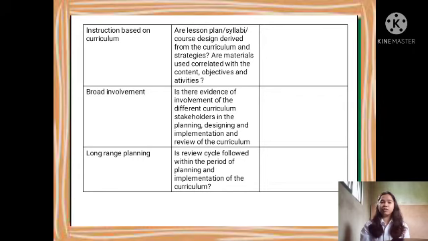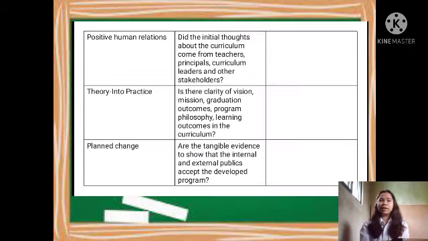Is a review cycle followed within the period of planning and implementation of the curriculum? Sixth is positive human relations. Did the initial thoughts about the curriculum come from teachers, principals, curriculum leaders, and other stakeholders? Number 7 is theory into practice.